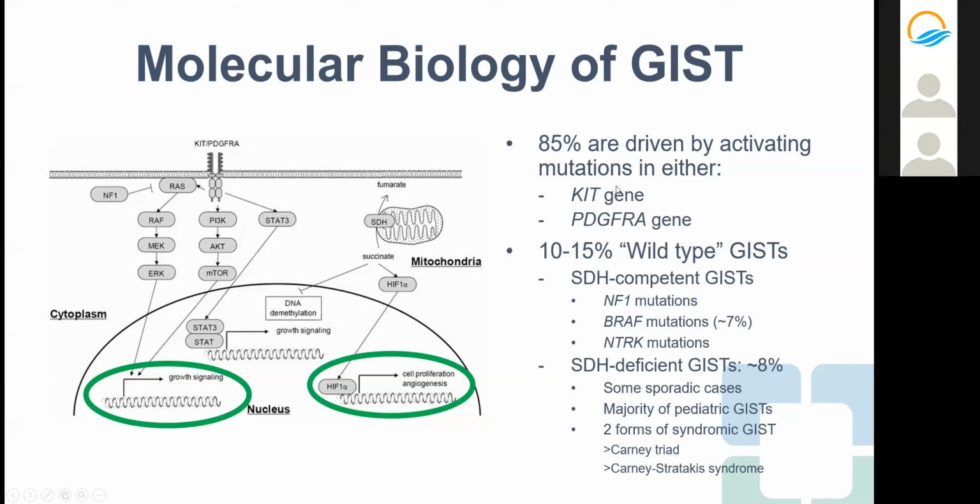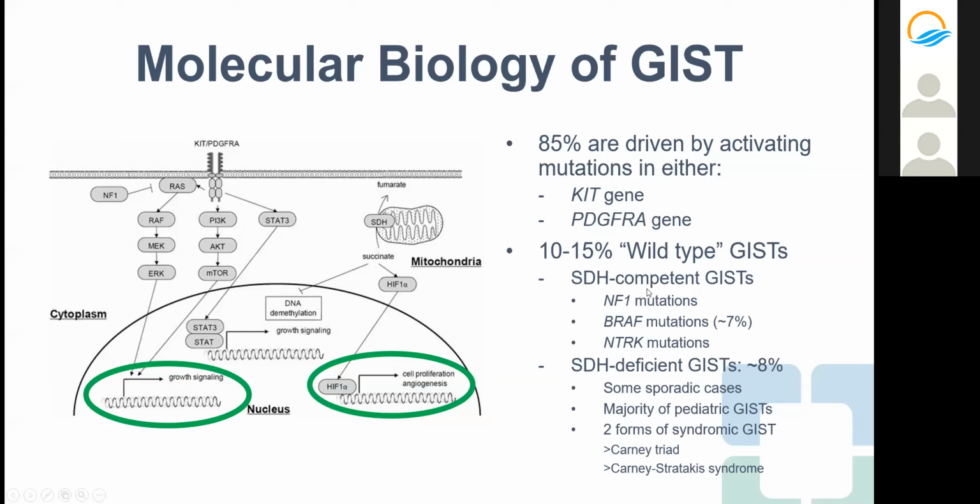These are GISTs that don't have KIT mutations, don't have PDGFRA mutations, and also lack SDH mutations. When SDH mutations aren't identified, which is the most common scenario in wild-type GISTs, we then go hunting for the less common scenarios.